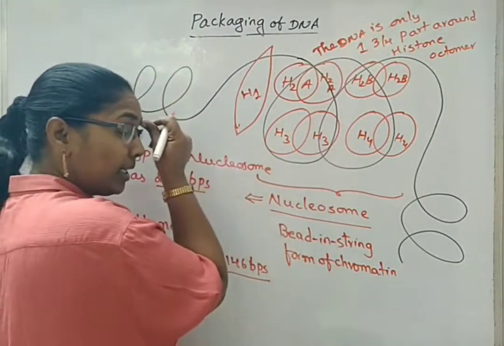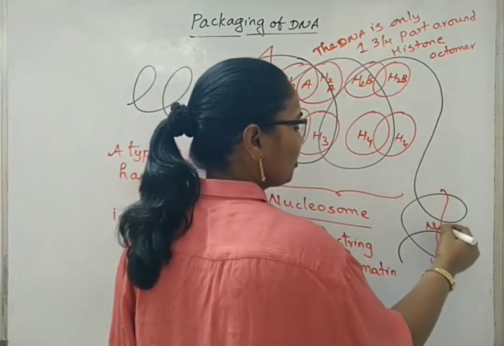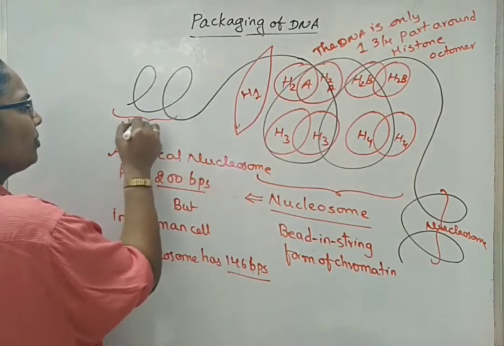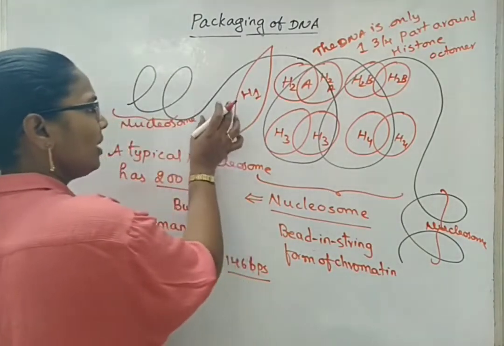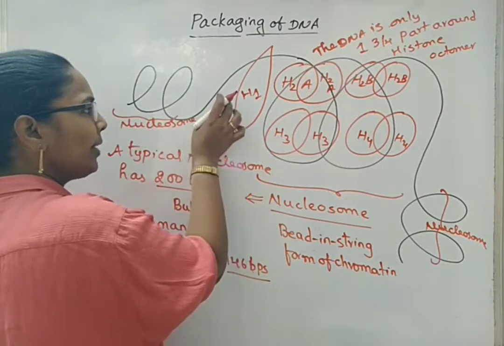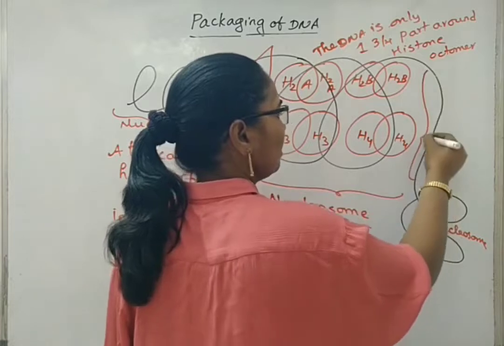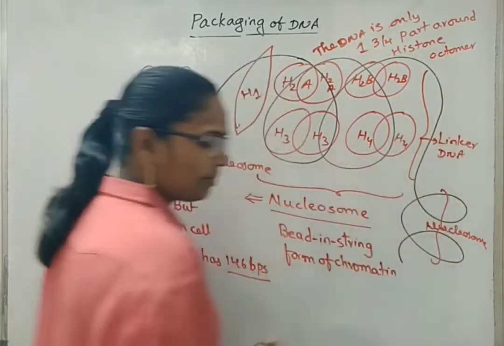And the part that is between two nucleosomes, if we consider this one as one nucleosome and this as another nucleosome, means bead-like structures, the part of DNA between two nucleosomes is called linker DNA.